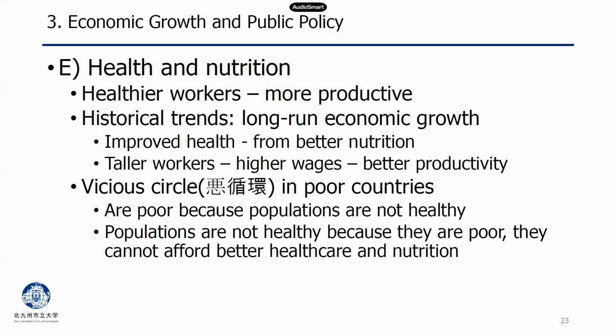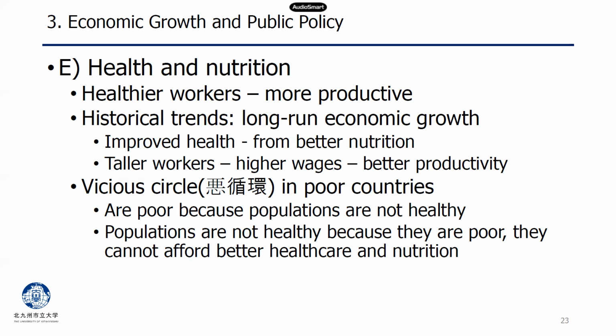There are some vicious cycles in developing countries. First, they are poor because populations are not healthy. People are not healthy, so they cannot work well, so they are poor. But at the same time, they are not healthy because they are poor, because they cannot get enough medication, healthcare, and so on.